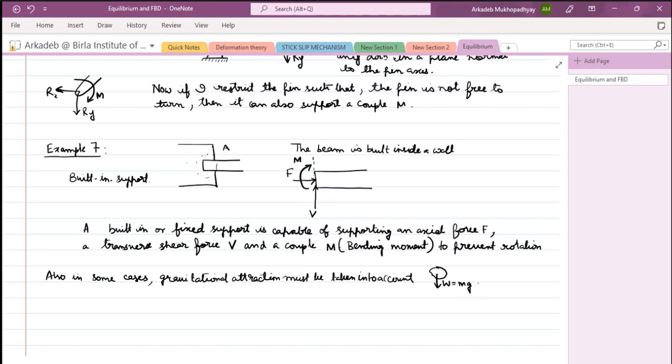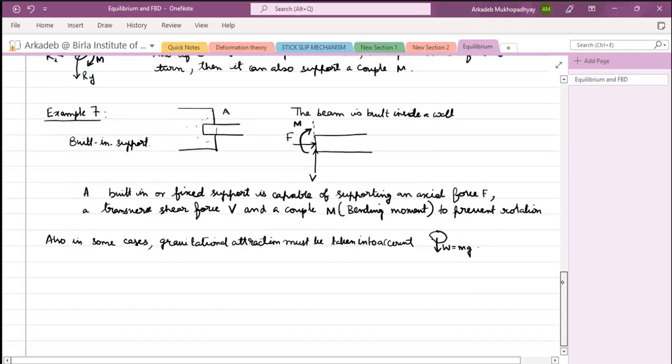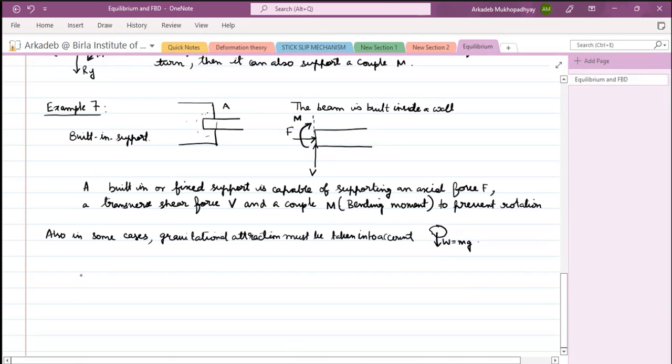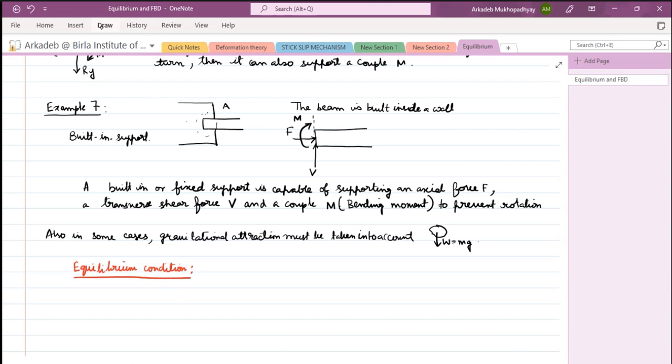Now coming to the equilibrium condition.